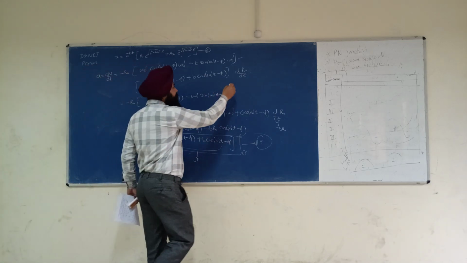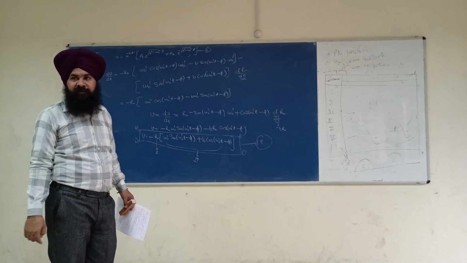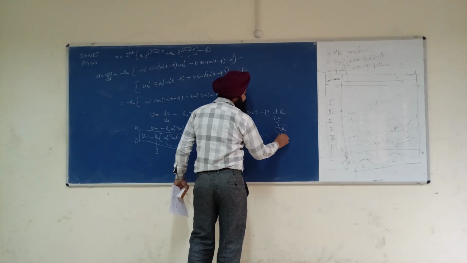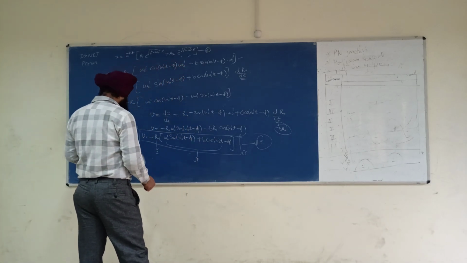And what is the value of dr naught by dt? That is equal to minus b r naught. Use it here.